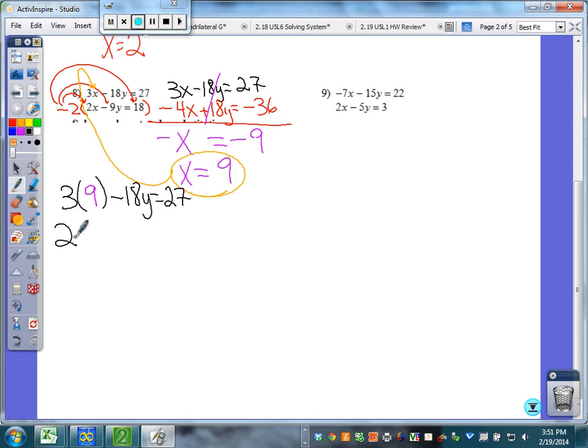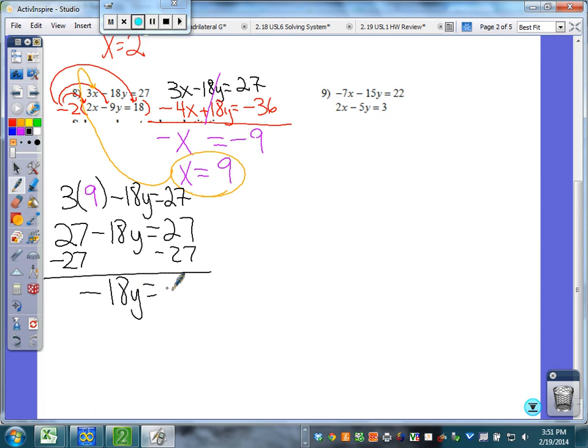So we have 27 minus 18y equals 27. When we subtract this 27 from both sides, we have negative 18y equals 0. When we divide both sides by negative 18, y equals 0. So my solution now is the ordered pair 9, 0.